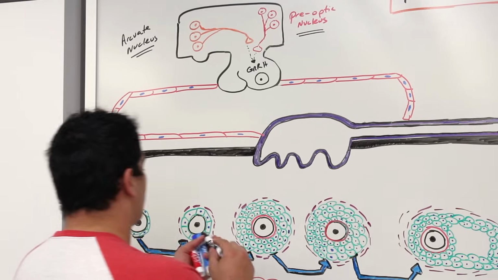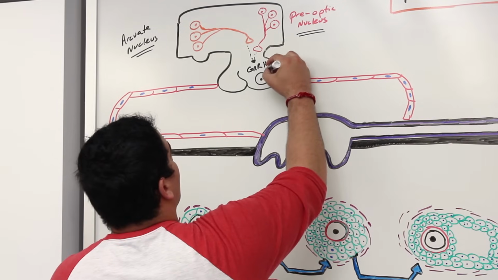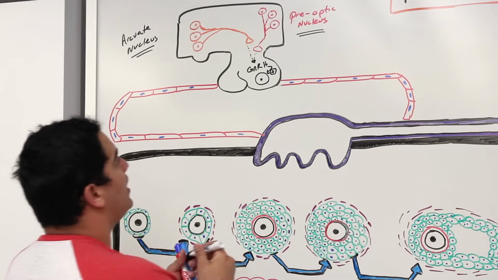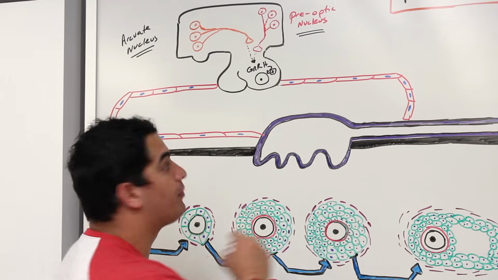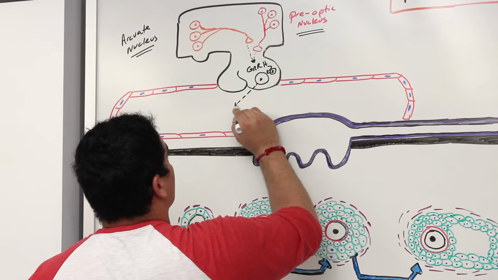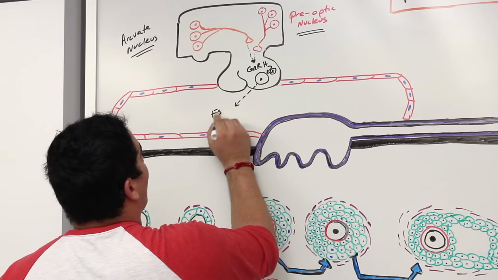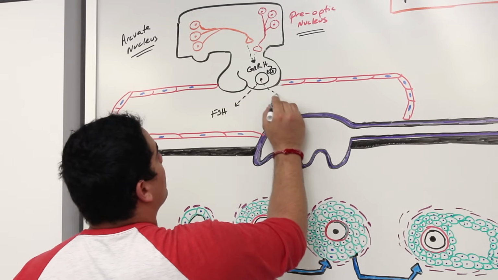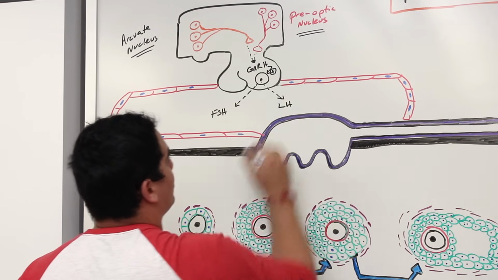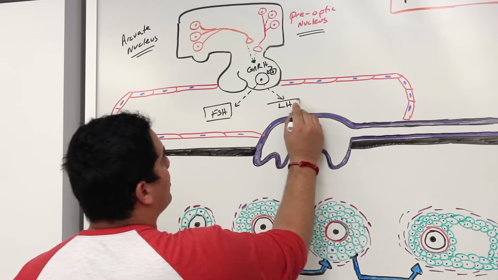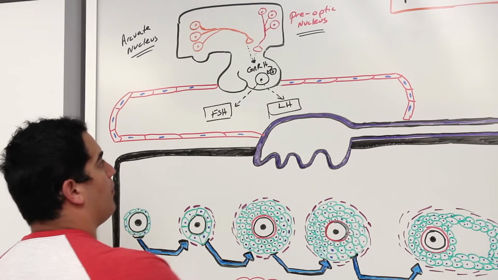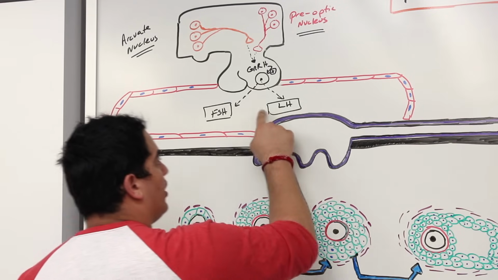Once these gonadotropes are stimulated by gonadotropin releasing hormone, they secrete two chemicals into the bloodstream. This one is called FSH and this one is called LH. FSH stands for follicle stimulating hormone and LH stands for luteinizing hormone. They then come down and work in the ovary.